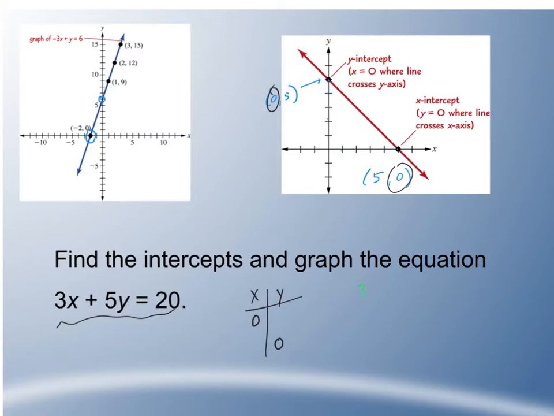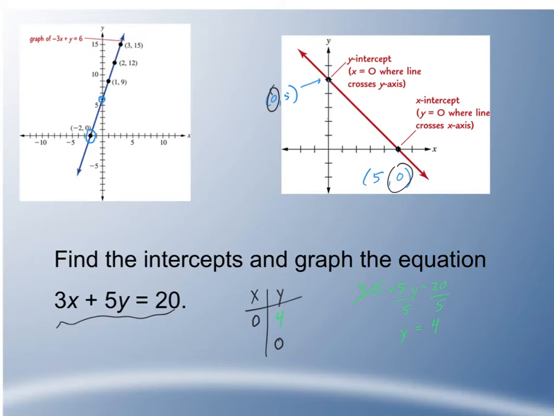I would have 3 times 0 plus 5y equals 20. 3 times 0 is 0. Divide both sides by 5, and we get y equals 4. That goes there. So 0, 4 is the y-intercept.